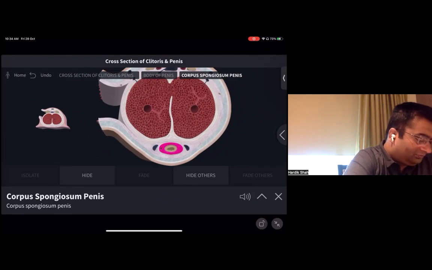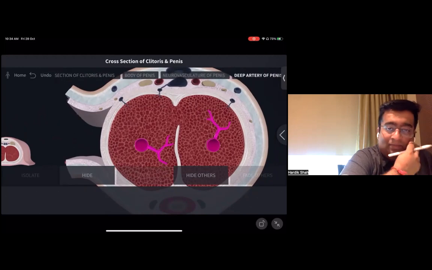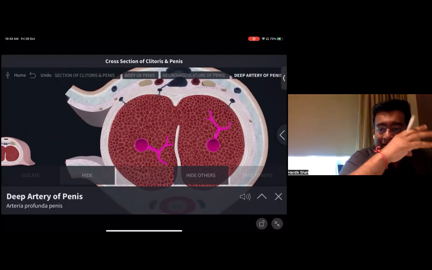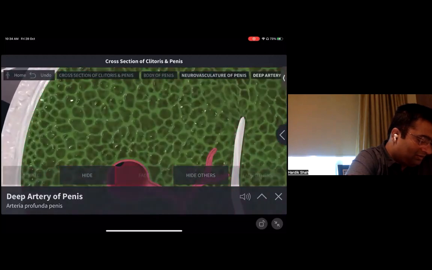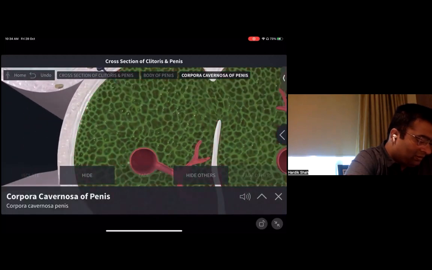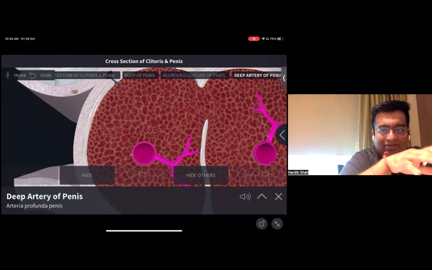Now, you can see here, this is the artery that enters into the penis. So this artery brings blood into these sinusoids or into these spaces. You can see the sinusoids here if I just highlight it. So the light red regions that you see in between the dark red patches are the sinusoids.